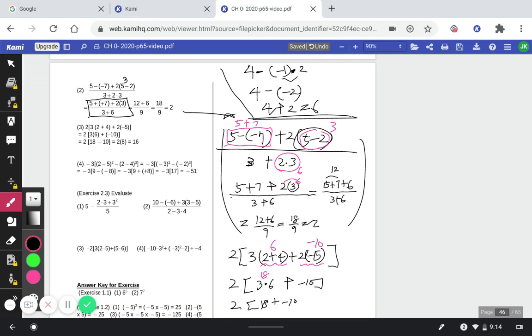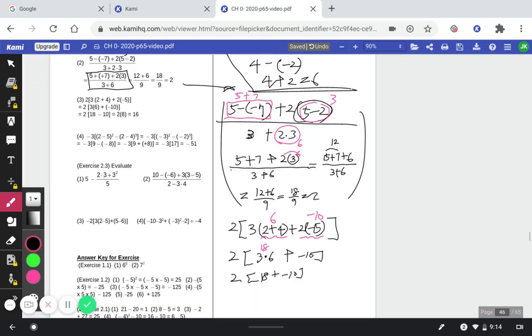Now 18 plus negative 10 turns into 8. Because different signs, you subtract. So 2 times 8 becomes 16. So your final answer for this double group symbol is 16. Okay, so that was number 3, right?